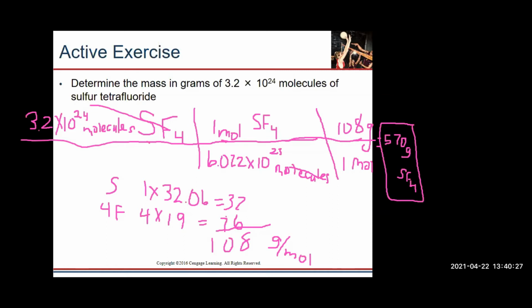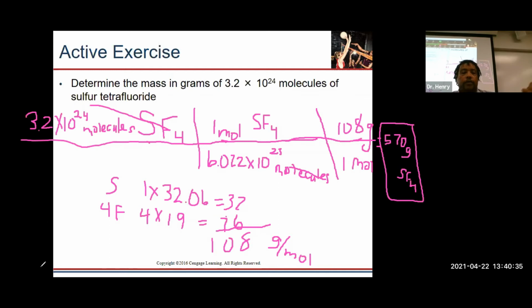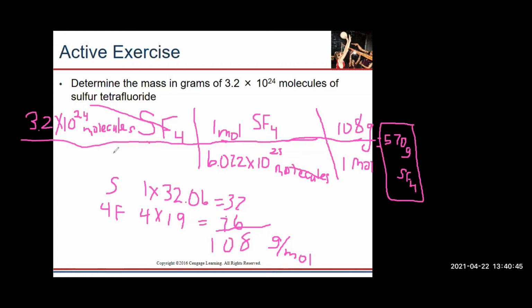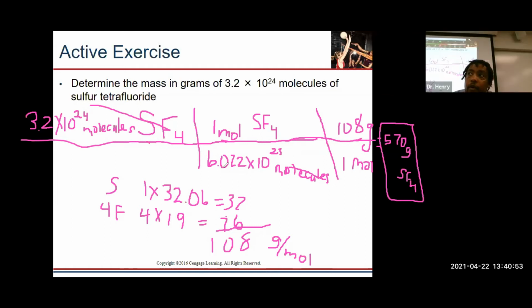So the 108, are we multiplying that or dividing? You're multiplying it. Things on the top are multiplied across, and then you divide by the stuff on the bottom. So I would multiply the 108 by the 3.2 times 10 to the 24th, and then divide by 6.022 times 10 to the 23rd.